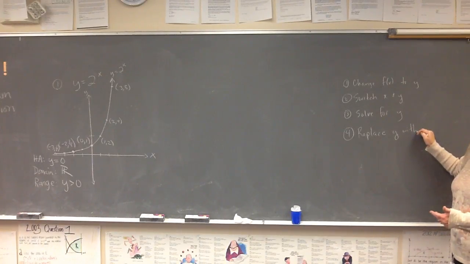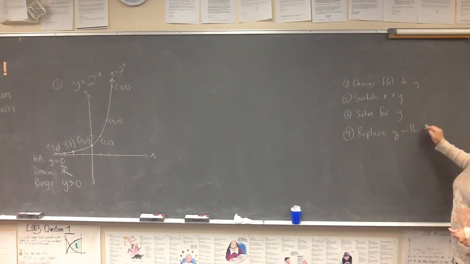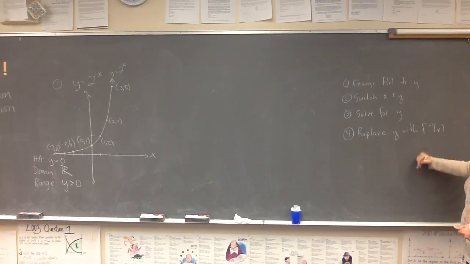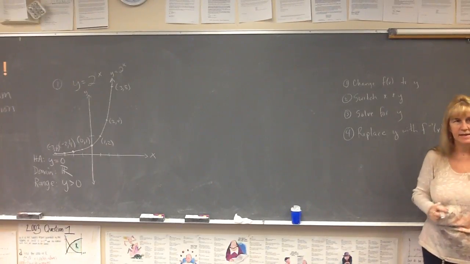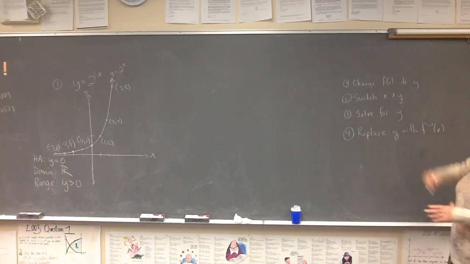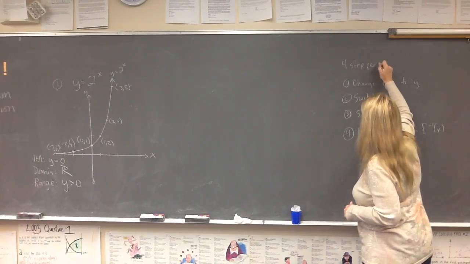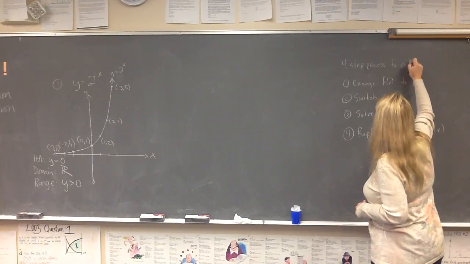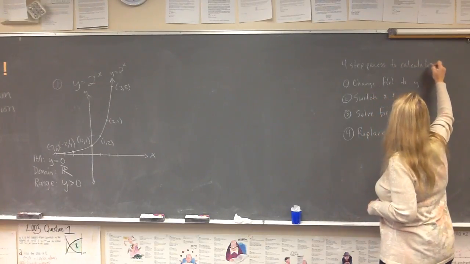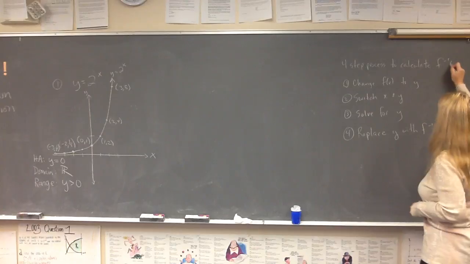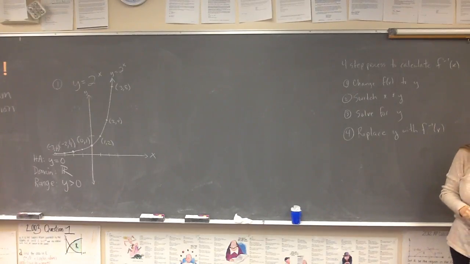What are we trying to find? f prime of x or f of x? Say it louder. F inverse of x. You get this calculus all mixed in here, right? All right. So this is a 4-step process to calculate the inverse function.